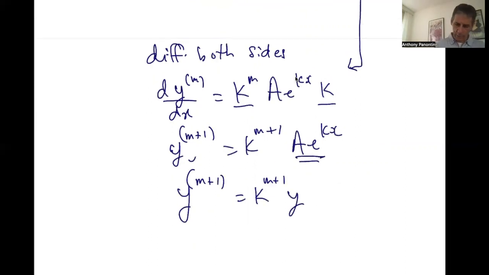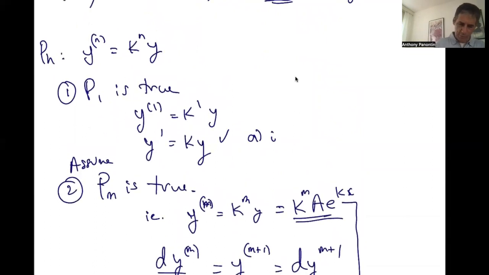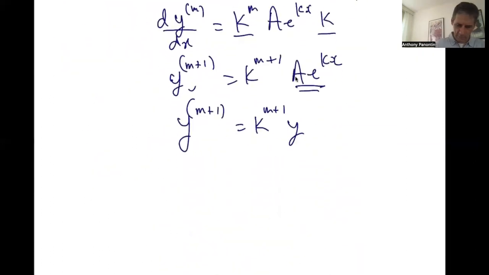And I believe if we look up at the top of what we're trying to prove, we've just shown that Pm plus 1 is true. So we can now say, therefore, Pm plus 1 is true.